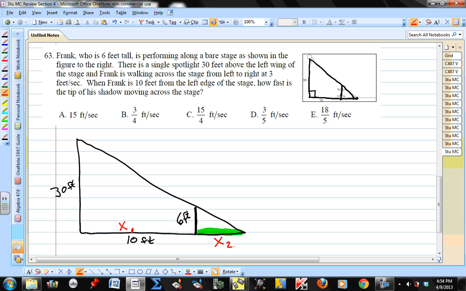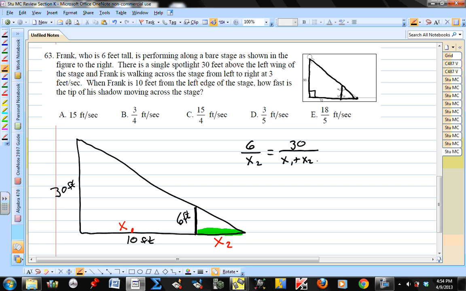Well, it looks like we can set up a proportion. We can say that Frank's height of 6 feet over the shadow, X2, that's going to equal the distance from the stage to the spotlight, 30 feet, over this total distance here, X1 plus X2.